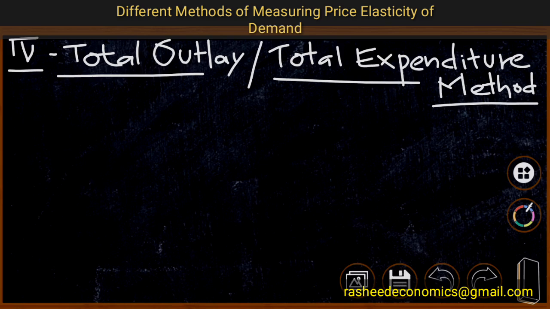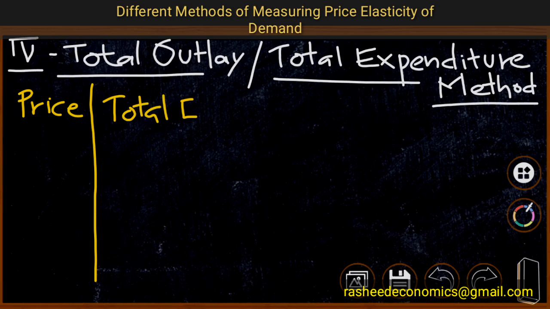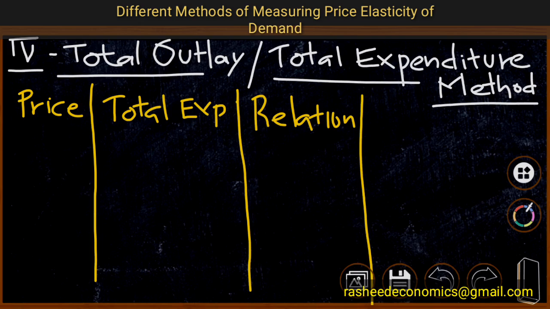Now let us summarize the total expenditure method by using the following table. We have price as the first column, total expenditure on the commodity as the second column, relation between price and total expenditure as the third column, and nature of price elasticity of demand as the fourth column.